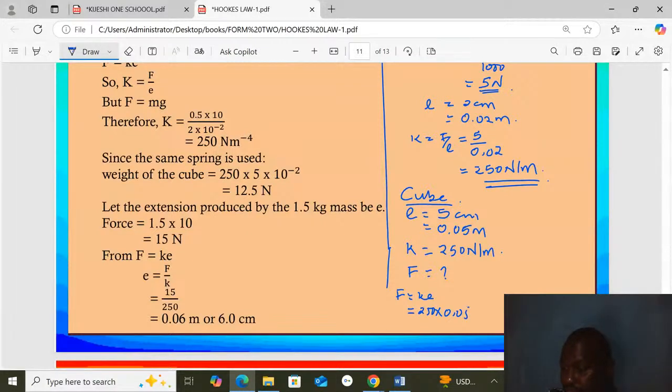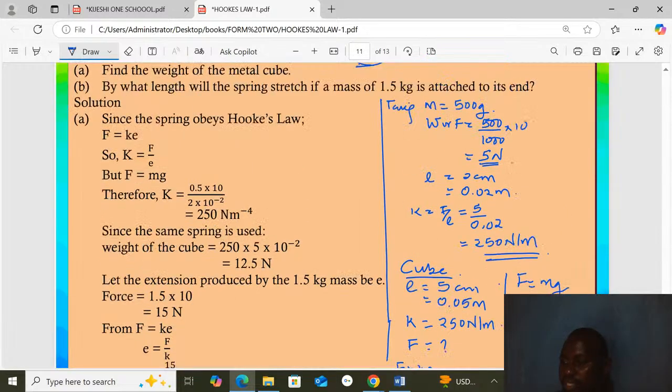And this is giving me 12.5 newtons. If we proceed from F equals mg, then 12.5 will be the same as the unknown mass times 10. Therefore, our m will be 12.5 divided by 10, and we arrive at 1.25 kg.